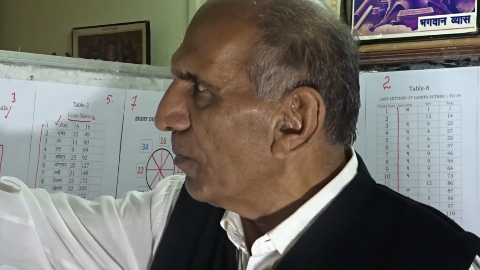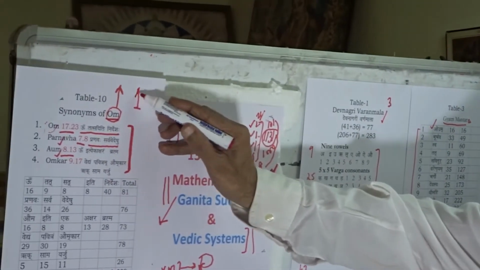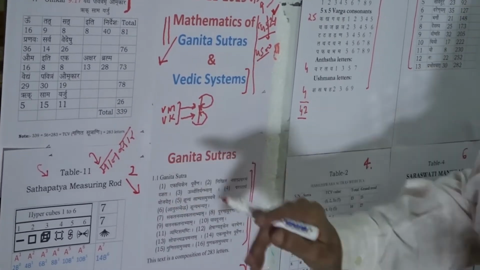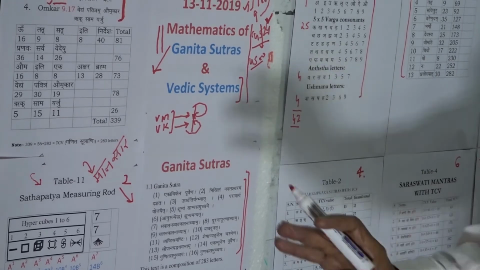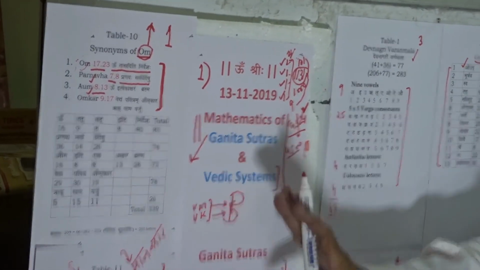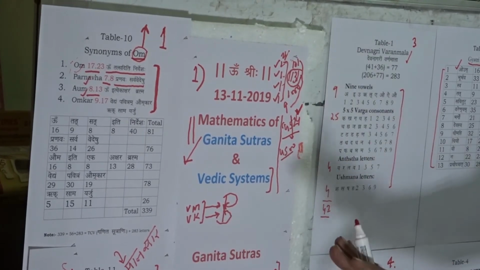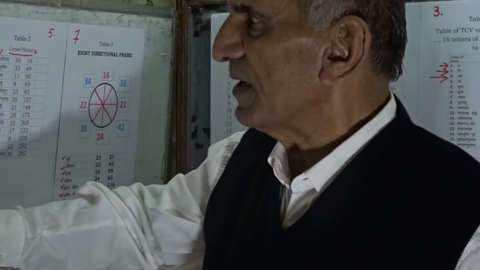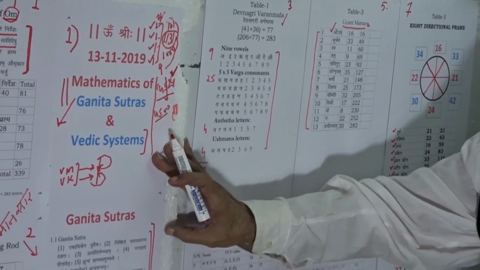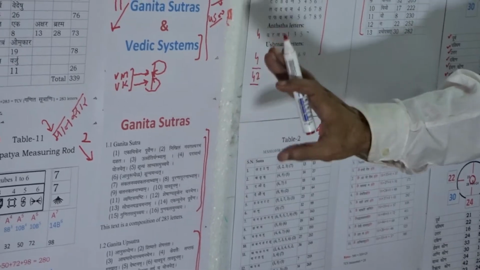Therefore, Om is the one format and Maya's Sthapatya Meering Rod is the other format. In terms of these pair of formats, we will be having a comparison of the values, features and formats of mathematics of Ganita Sutras with values, features and format of Vedic systems.